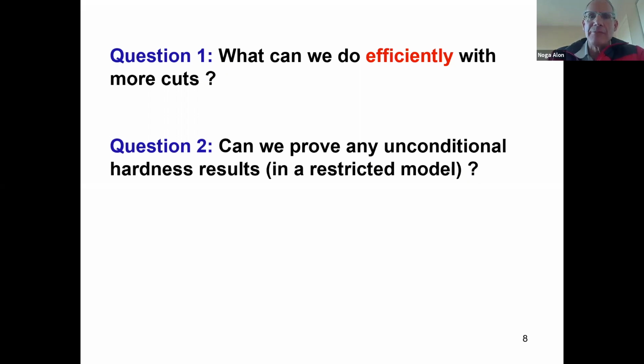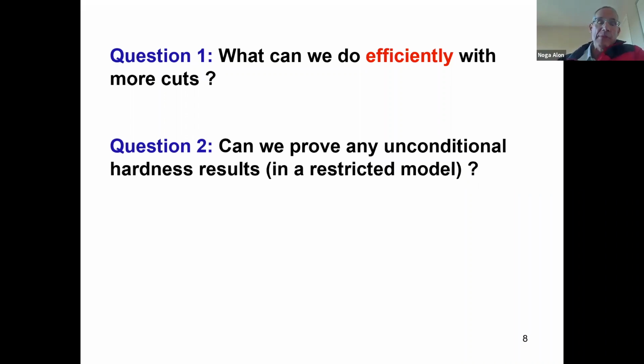Good. So here are two questions that I want to consider. One of them is, what can we do efficiently with more cuts? So maybe we cannot do n cuts. In fact, their hardness result applies even if we allow a little bit more than n cuts, n plus root n, for example.